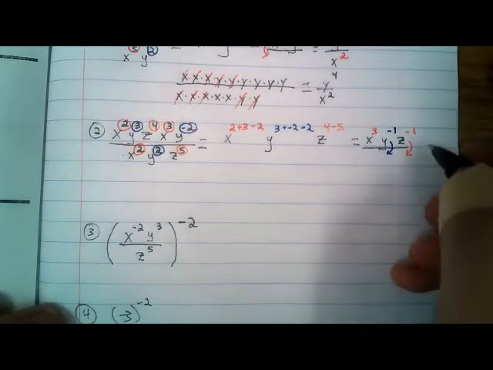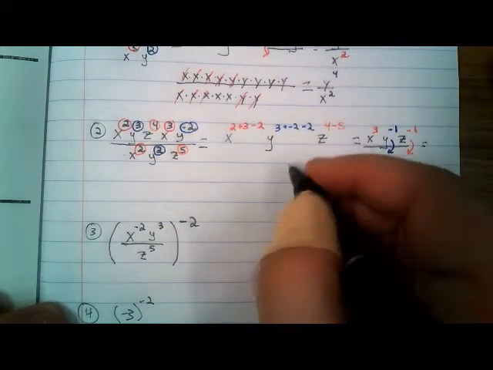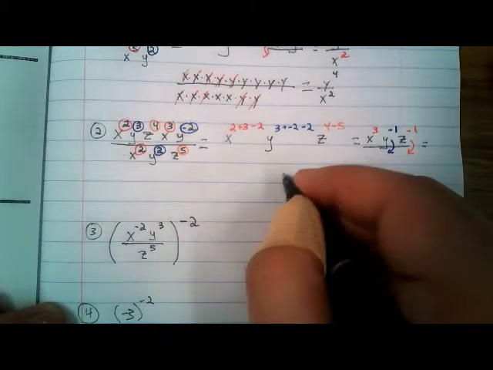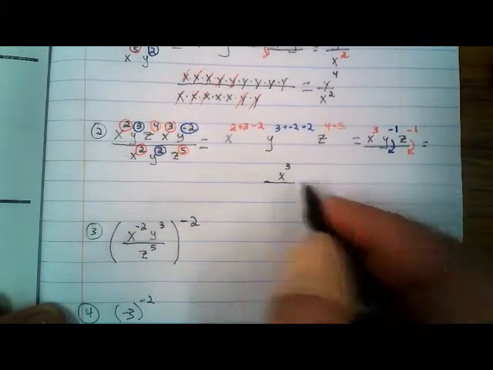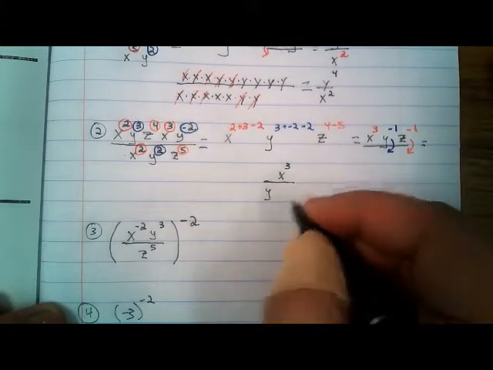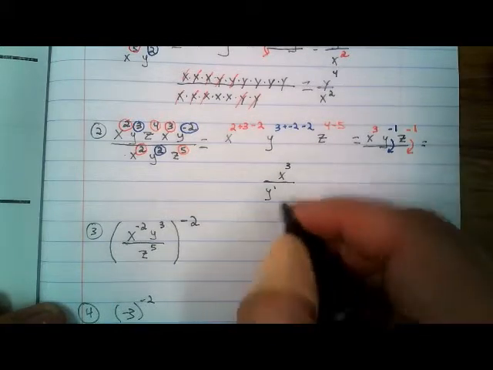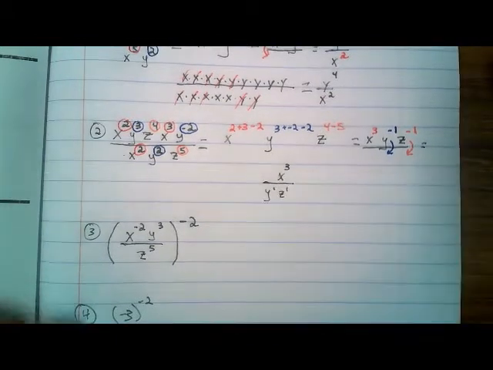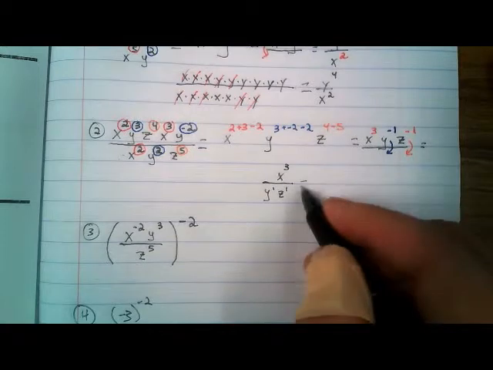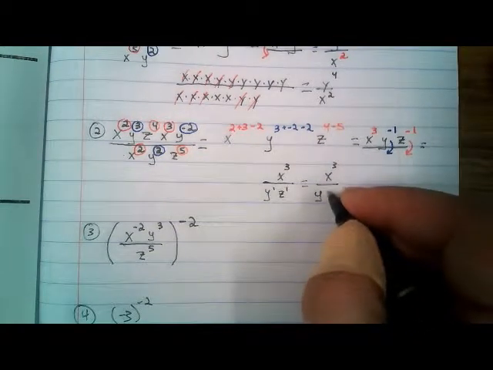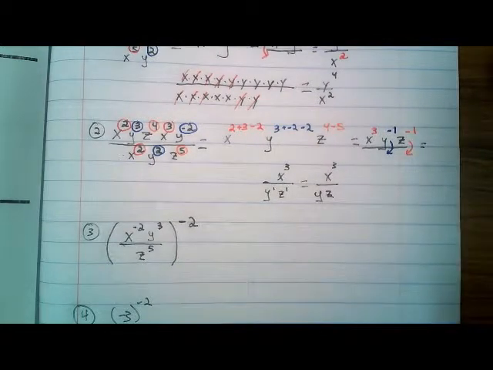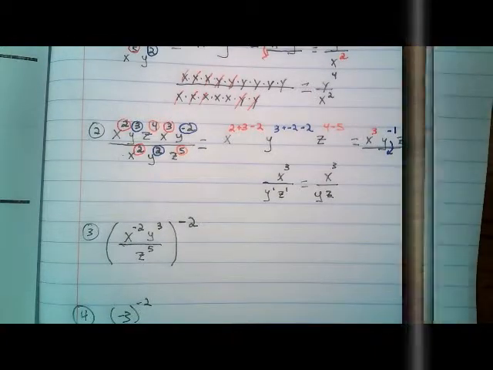So my final answer for this one is x to the 3rd over y to the 1st and z to the 1st. Which you don't even have to write to the 1st power because that just shows that there's only one there, right? So x cubed, y, z. And that's it for example 2.